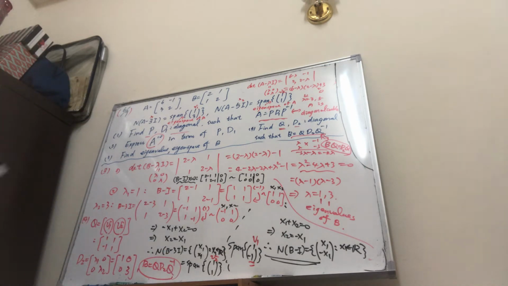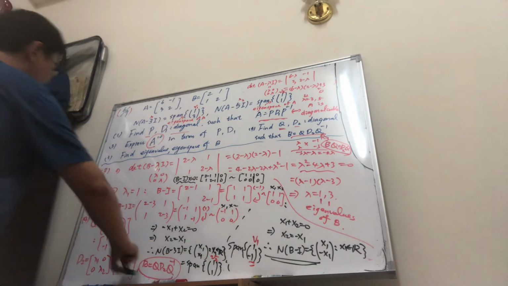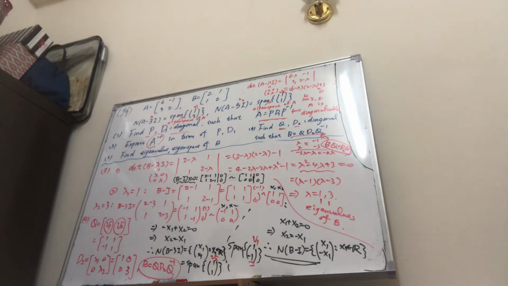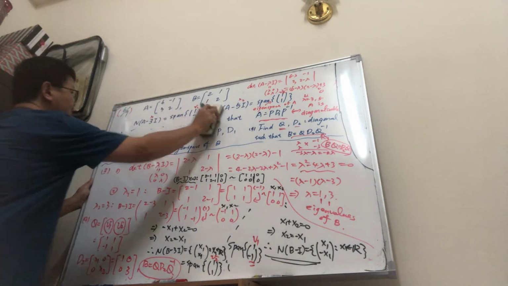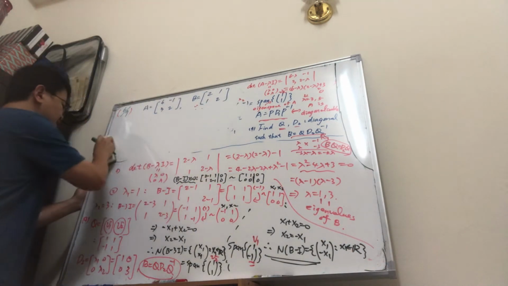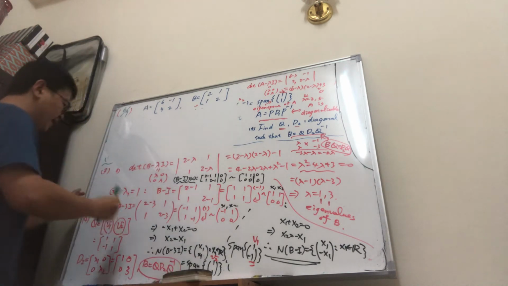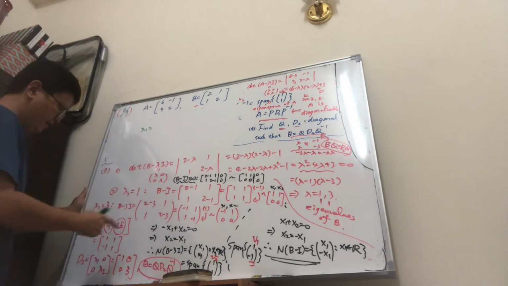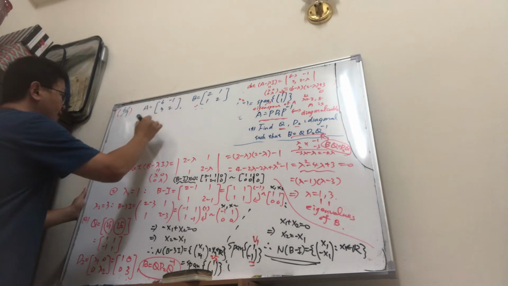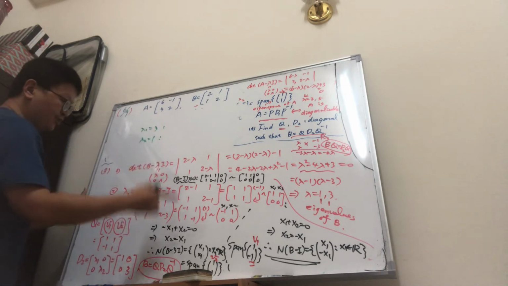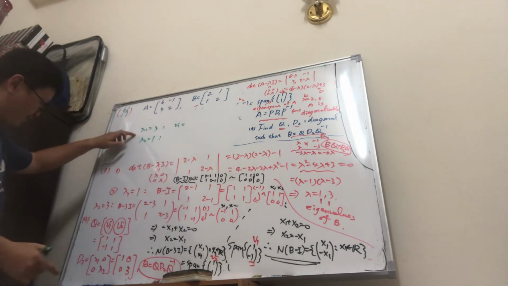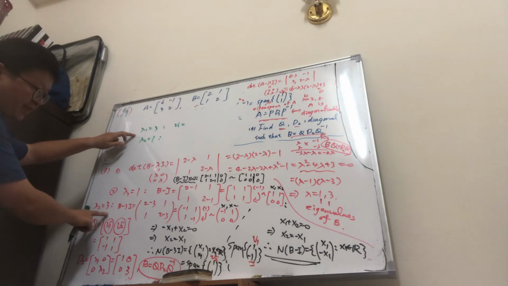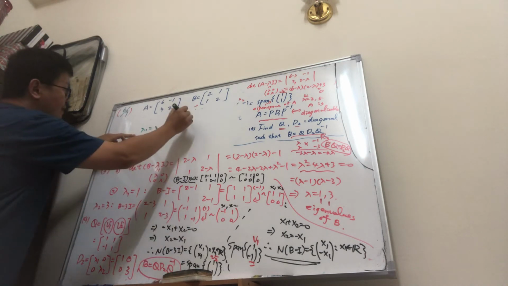Okay, so it's the first question. And here let me remind you of one thing. For this question, if you let lambda 1 be the eigenvalue 3 and let lambda 2 be the eigenvalue 1, we could get the same form. If lambda 1 is 3, then the eigenvector is (1, 1).